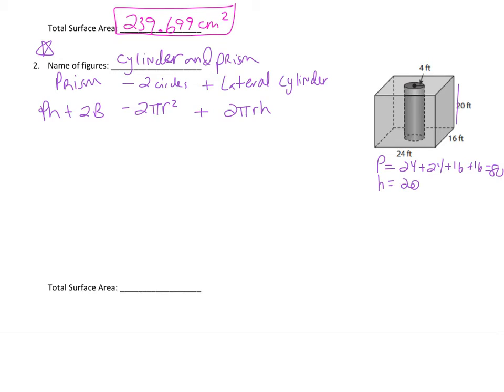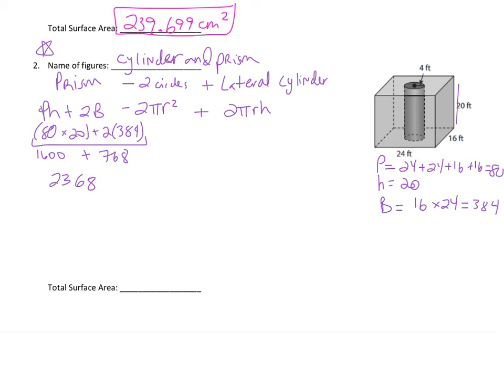So we have our perimeter times our height, plus 2 times the area of our base, which would be 16 times 24, and this gives us 384. Once we simplify all this part individually, we get 2,368. So that's just for the prism portion.